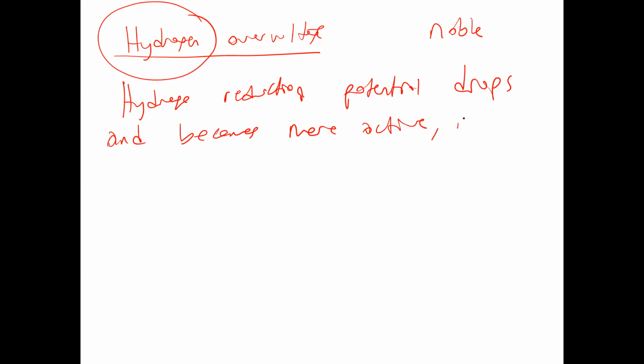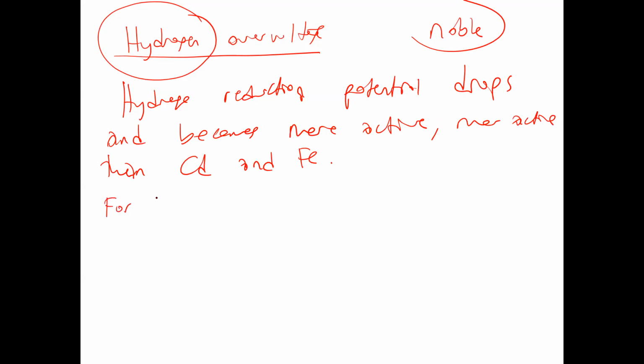Let me write it down. Hydrogen reduction potential drops, and becomes more active than cadmium and iron. Initially noble, but due to the kinetic factors, hydrogen reduction potential drops and becomes more active, actually more active than cadmium and iron. Let me calculate.